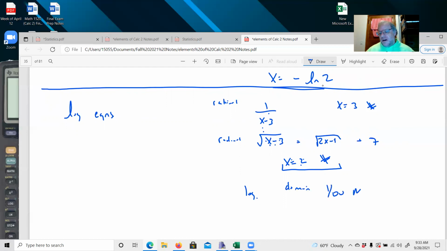You must check your answer. You don't have to check it for accuracy. You have to check that you're making a positive number, that this is not division by 0, that you're taking the square root of 0 or something bigger. With logs, you have to make sure that your answer is bigger than 0.